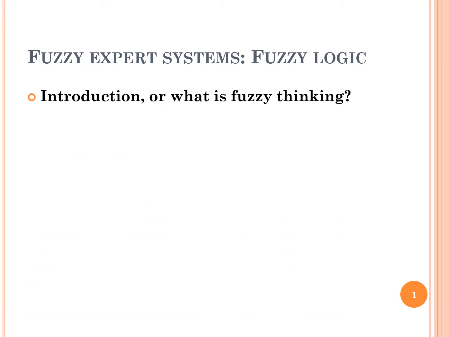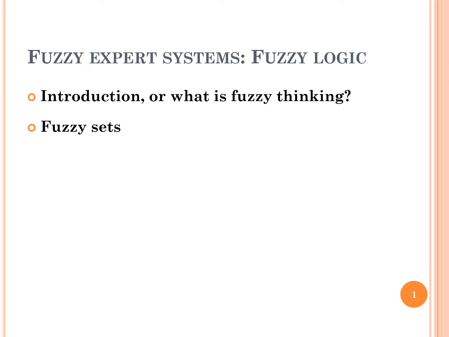Okay, these are all the subtopics that we are going to cover. First of all, we are going to have an introduction of fuzzy thinking. We go back to the history and some definitions of what we mean by fuzzy logic.